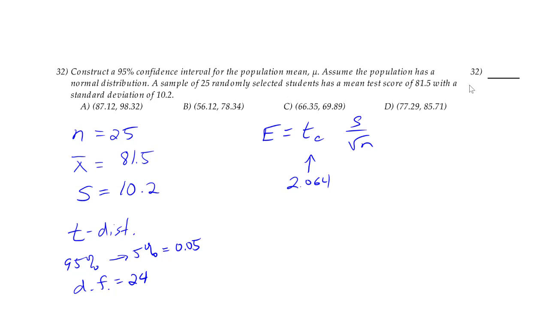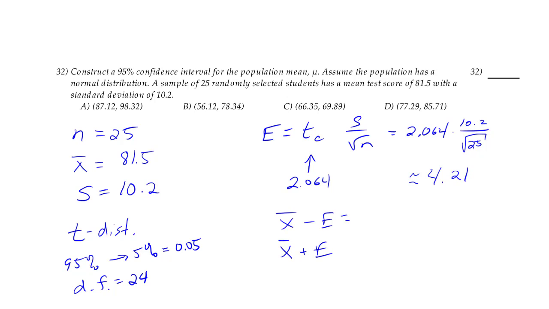Okay, so we get 2.064 times s, 10.2, over the square root of 25. And this comes out to be about 4.21. So for the confidence interval, I just take x bar and I subtract E and add it.